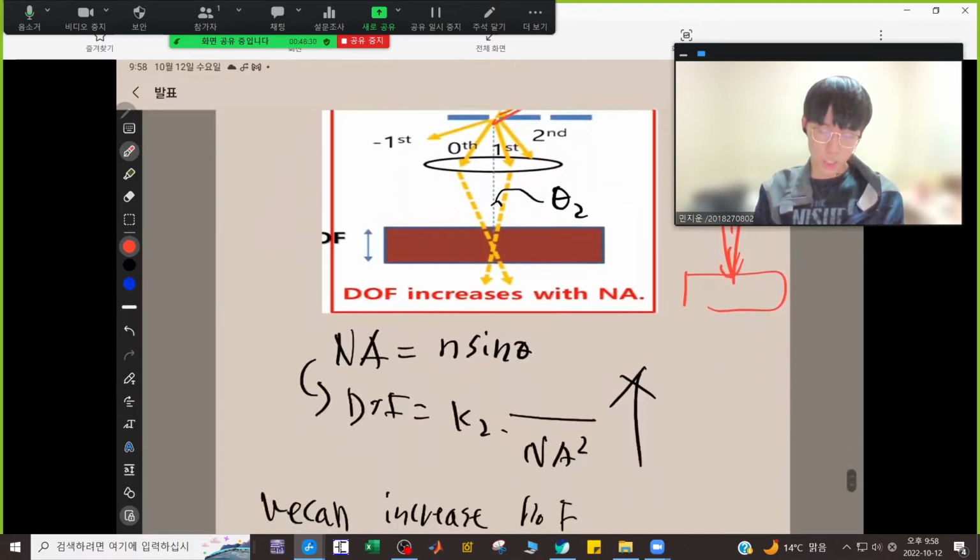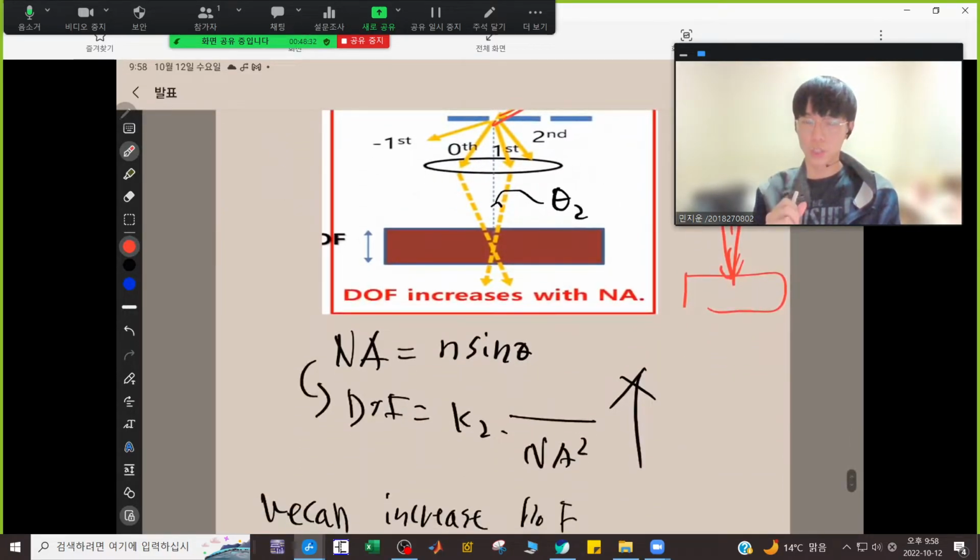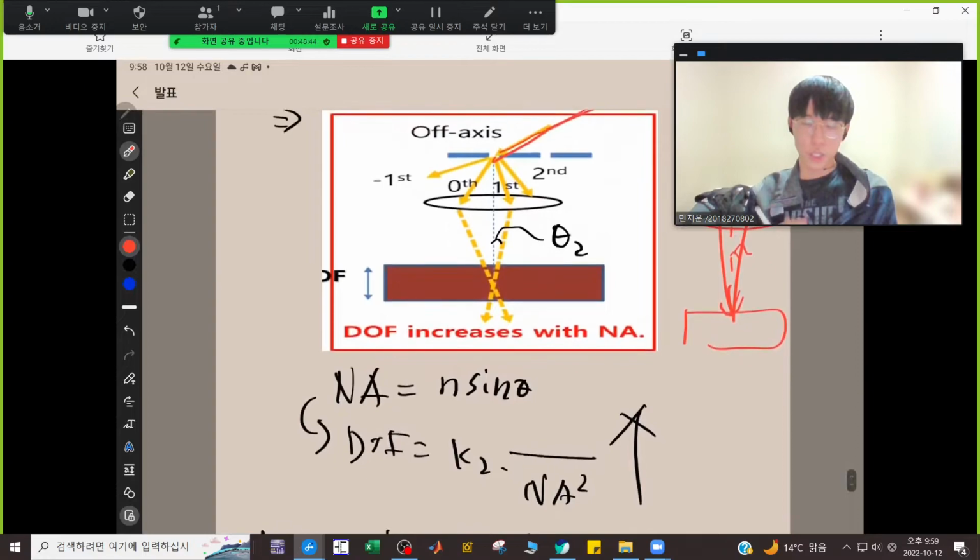This means the numerical aperture value is lower, and then the depth of focus is bigger. So it means we can get a nano pattern.